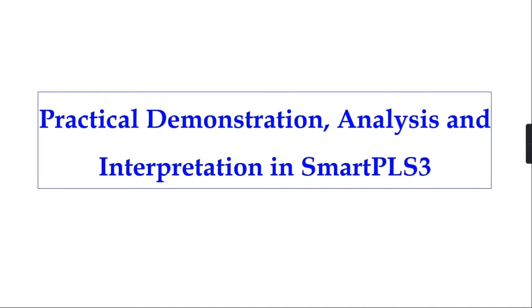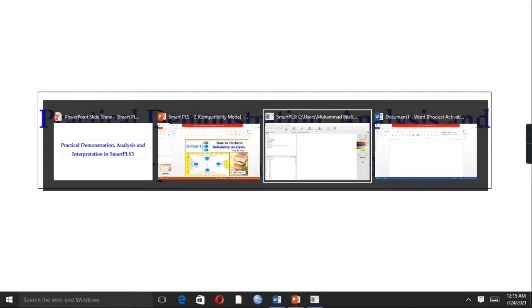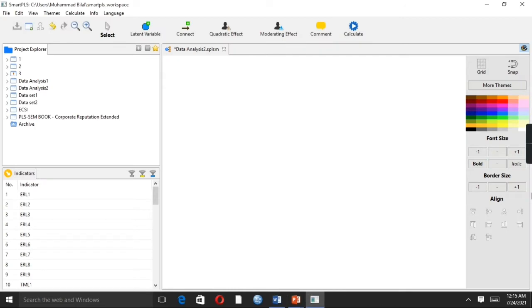The next step is that we are going to demonstrate how we analyze and interpret these different methods in order to measure reliability. For that purpose, we need to open Smart PLS3. Have a look. This is an overview of the Smart PLS3 software.